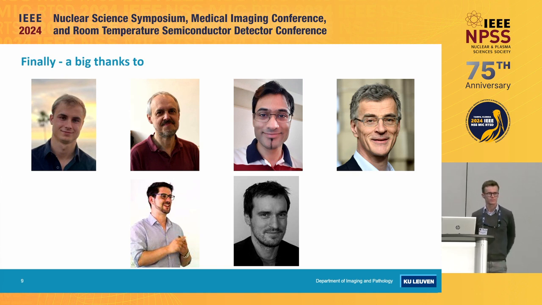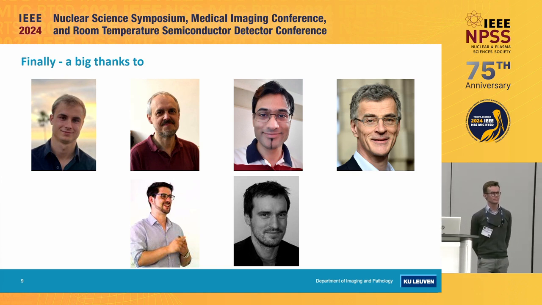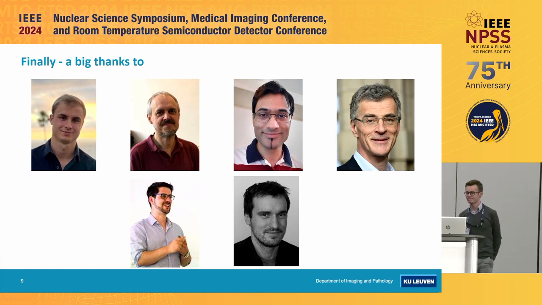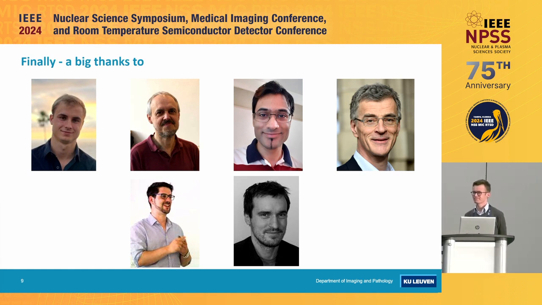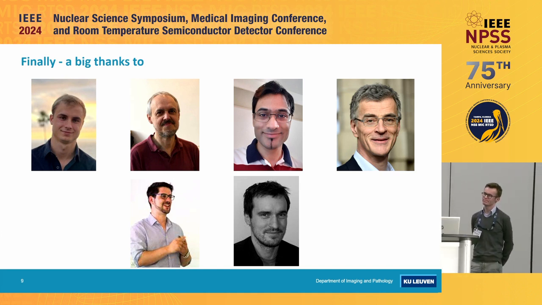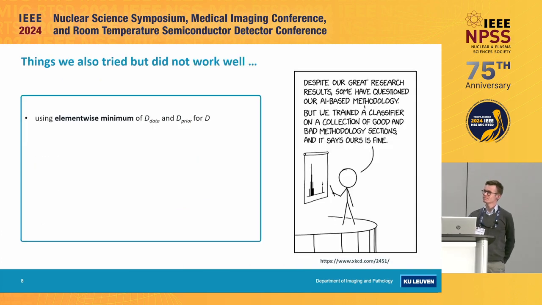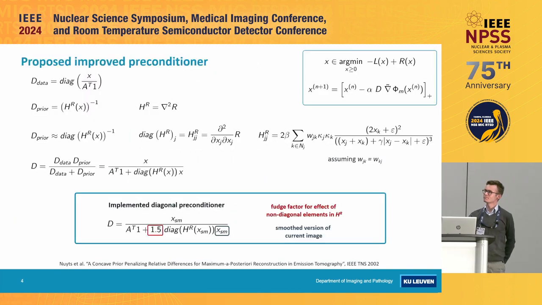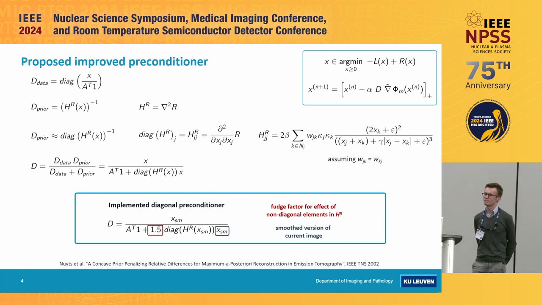Any questions? Very nice work. I have a small question. On one slide you show the hybrid preconditioner, and you use 1.5. Could you elaborate a little more on your choice of 1.5?